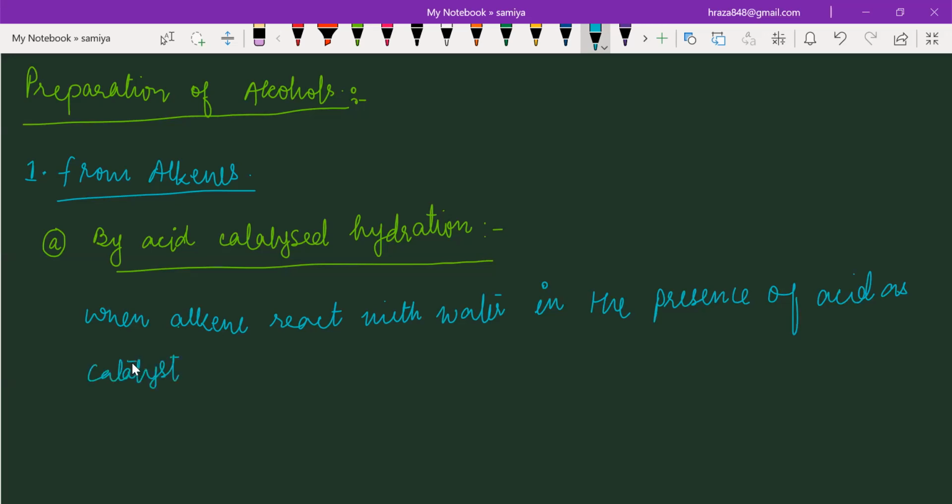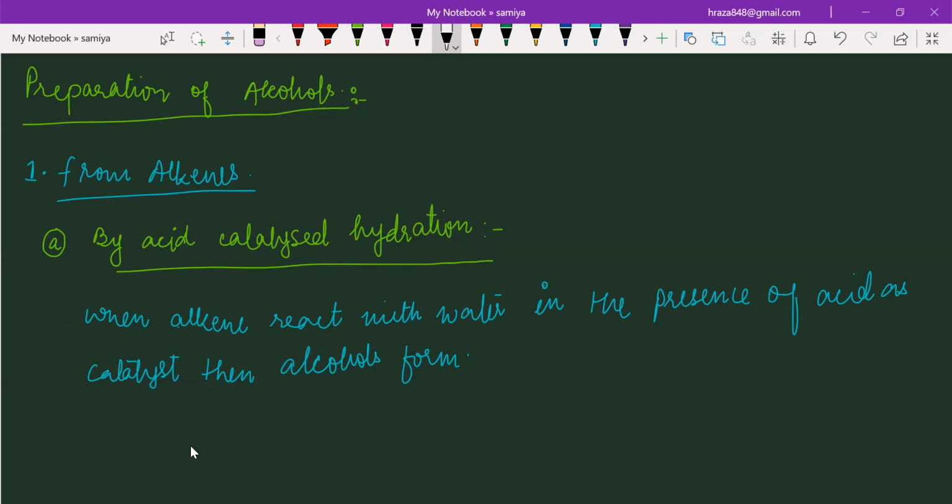First, write up to this, then I will explain the reaction and also the mechanism. The important point is that when you react an alkene with water in the presence of acid, that acid will act as a catalyst.